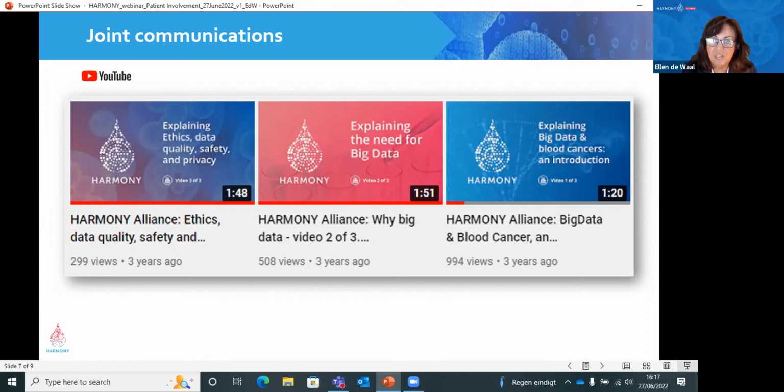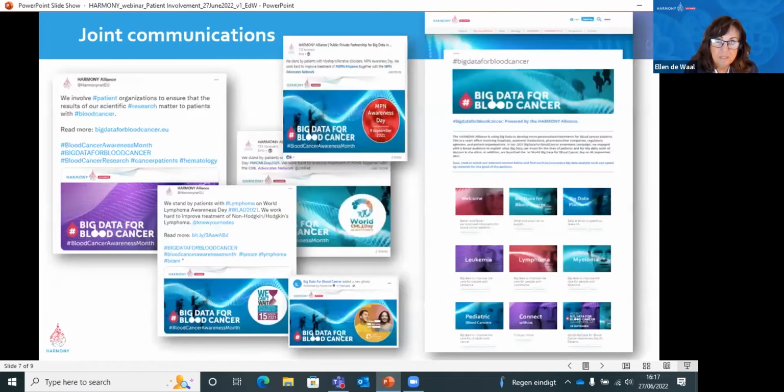They are a different style of bringing across what it is about. And then last year, as I mentioned earlier, our creative concept, a more accessible and understandable concept, was brought to life. Last year, we chose to fully target our information towards patients and their families together with Blood Cancer Awareness Month.